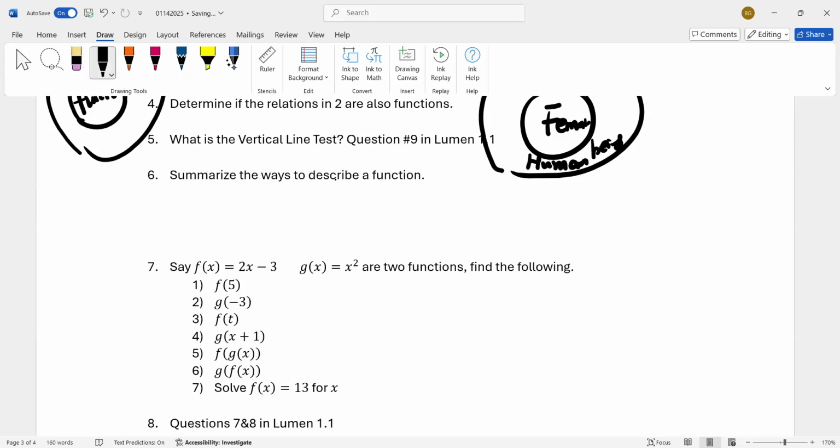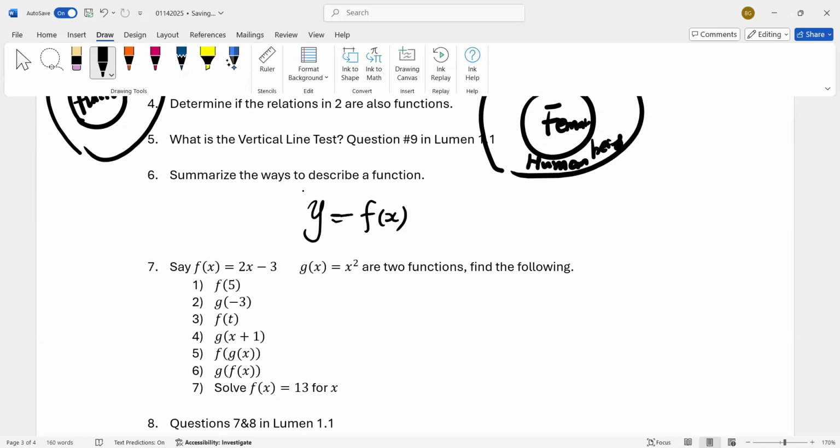The time we use g is because we need two different functions, so we cannot use f for two different functions, so we use g. So let's take f of x as an example, and you need to remember f of x is just a y. F of x is just a y.